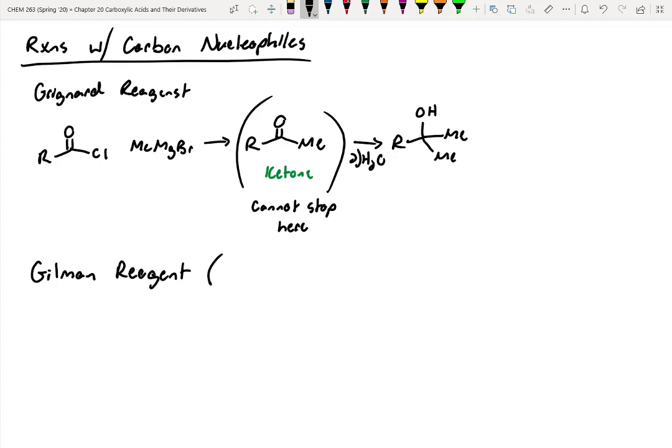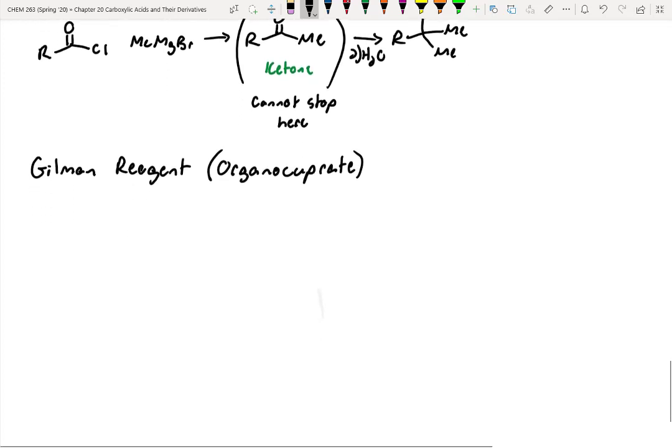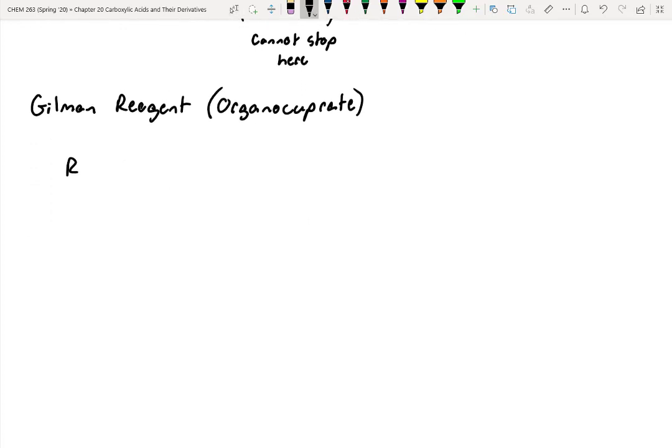Some people just call this an organocuprate rather than using the name of the chemist that studied it, or published it, I should say. All right, and an organocuprate is kind of unique. We have two carbon-based groups bonded to copper, and this copper is essentially associated with lithium as well. So in this case, the R group is the nucleophile, just like we saw in the reaction with Grignard reagents.